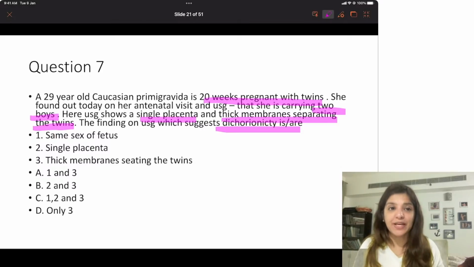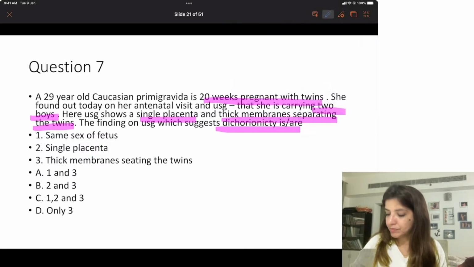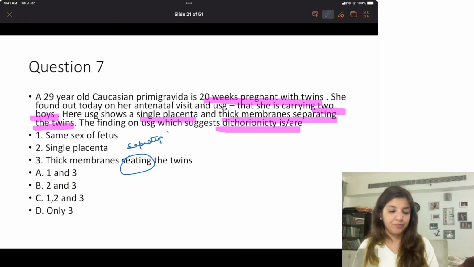Number 1, same-sex fetus. Number 2, single placenta. Number 3, thick membranes separating the twins. Right? So A is 1 and 3, B is 2 and 3, C is 1, 2 and 3, D is only 3.